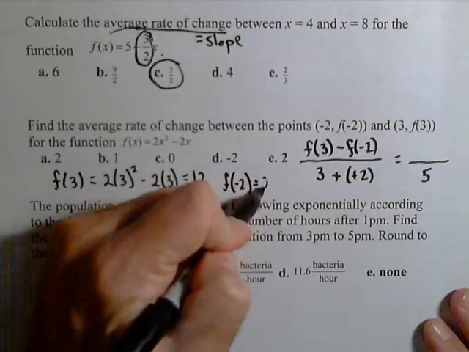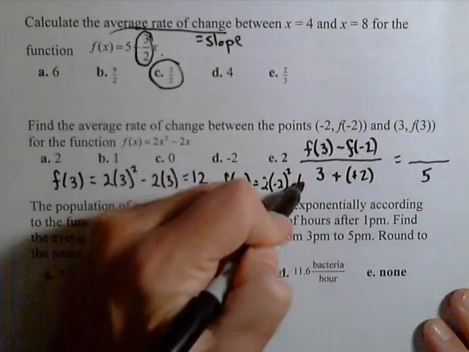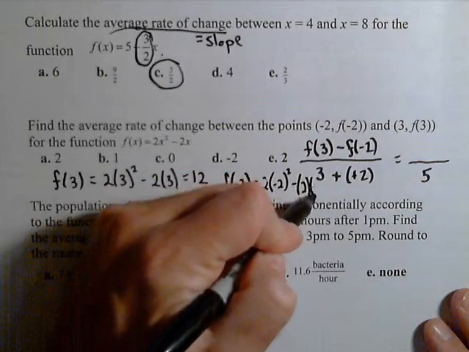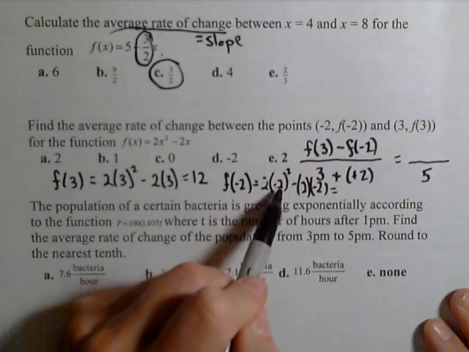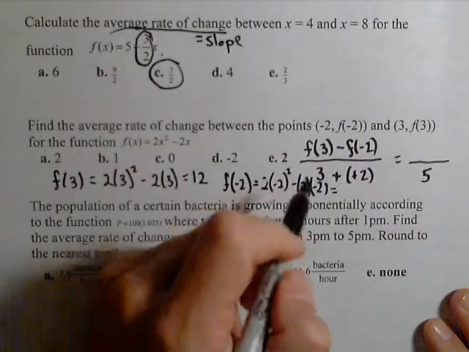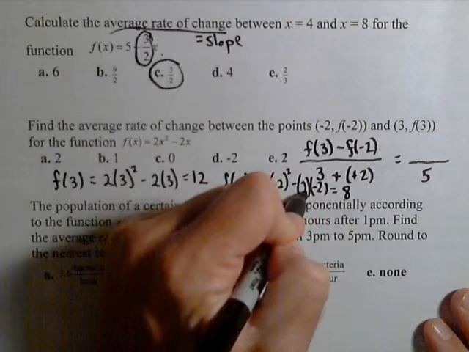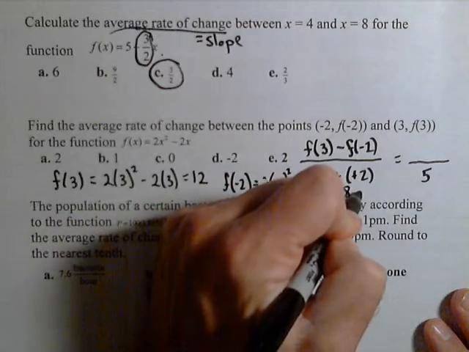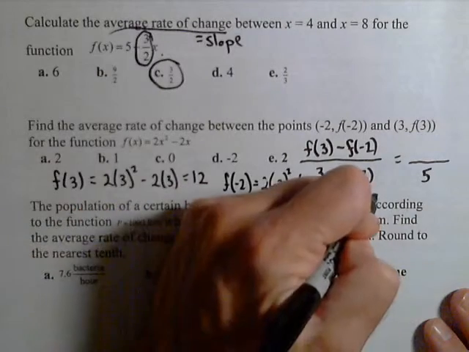So we have 2 times negative 2 squared minus 2 times negative 2. Sorry about writing in such a small space. So negative 2 squared is 4, times 2 is 8, and then we have negative 2 times 2 is negative 4, so minus a negative 4, so plus 4, and so it is 12.